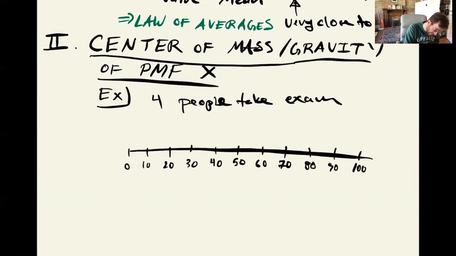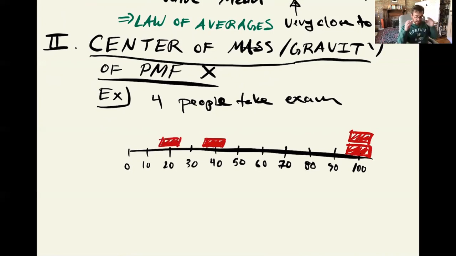And let's imagine instead of those little spikes, I've got these blocks. That's a student. That's another student. And so I've got another block, another student sitting at 40, and I've got another student sitting at 20.